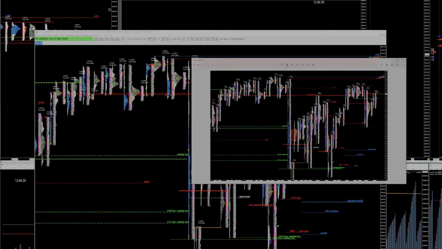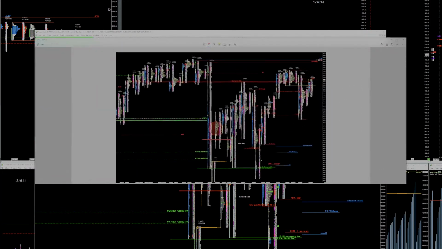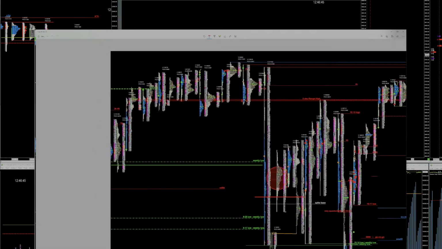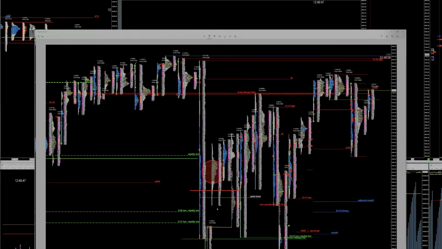Now I need to magnify this. It shows all the action that we saw starting in this overnight here, in this overnight.